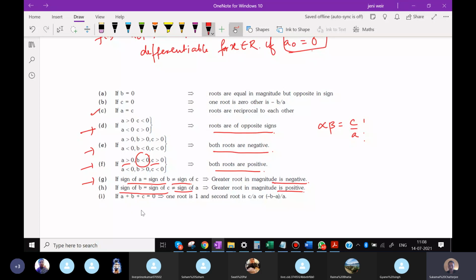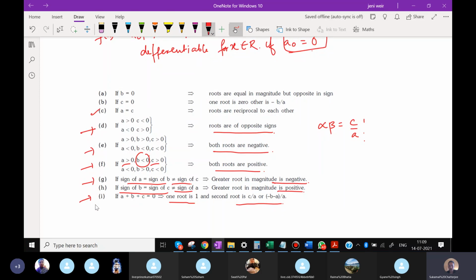And if A plus B plus C is 0, that implies one root is 1 and the second root is C by A.